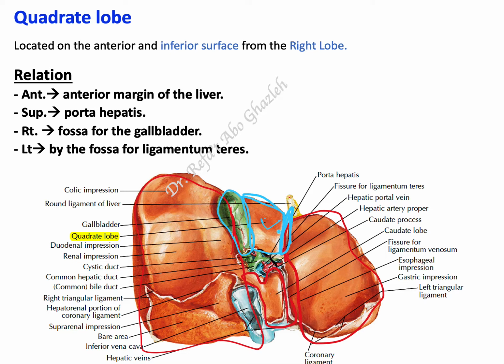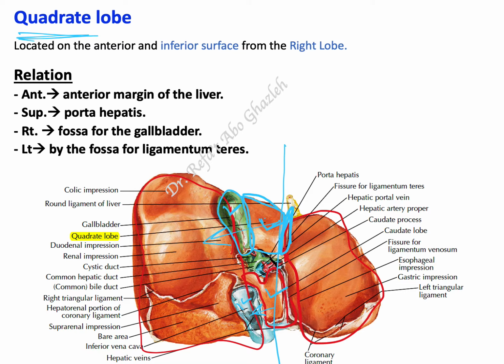So just keep in mind that the quadrate lobe is anterior, but the caudate is hidden posteriorly, close to the inferior vena cava. Always posterior, always inferior vena cava posteriorly. Gallbladder always anteriorly. So the quadrate lobe is located anteriorly on the inferior surface of the right lobe. Right, this is the anatomical division. Okay, we consider it from the right lobe.